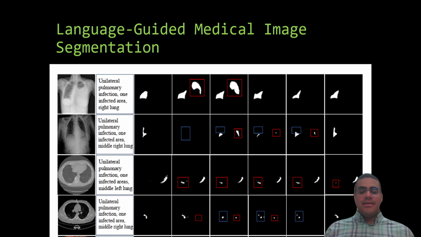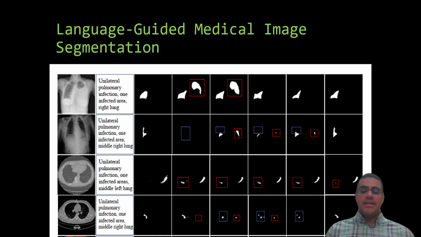The next research project that I have brought is called language guided medical image segmentation, which again is, of course, multimodal. We have an image, in this case an MRI, and we need to do segmentation on these images.